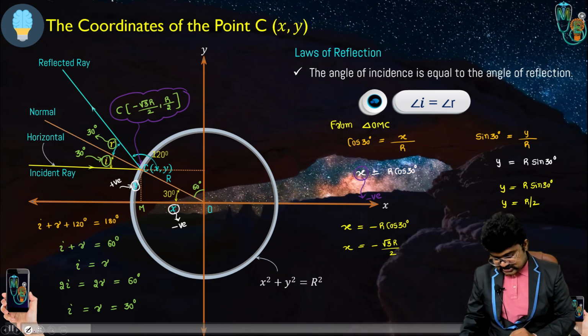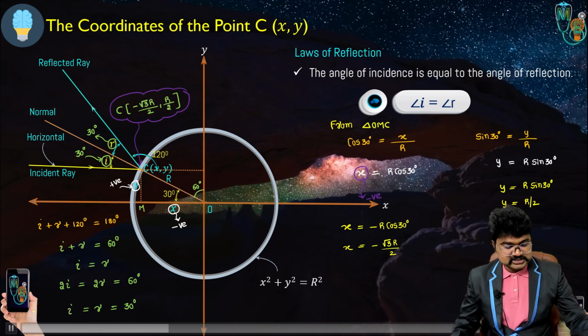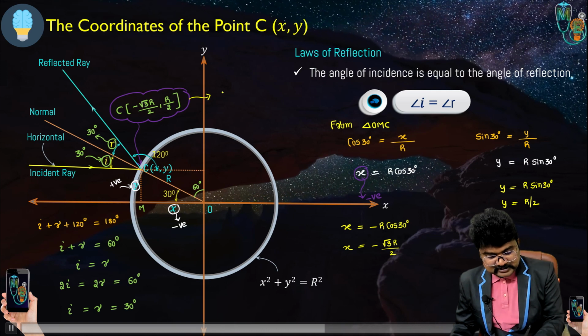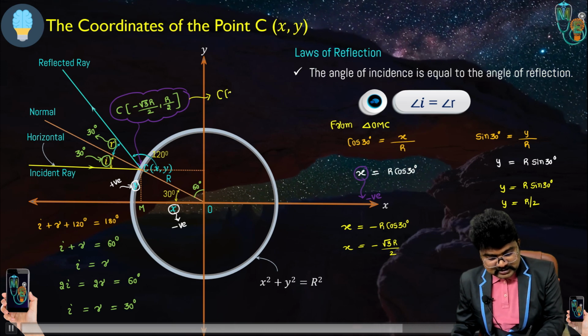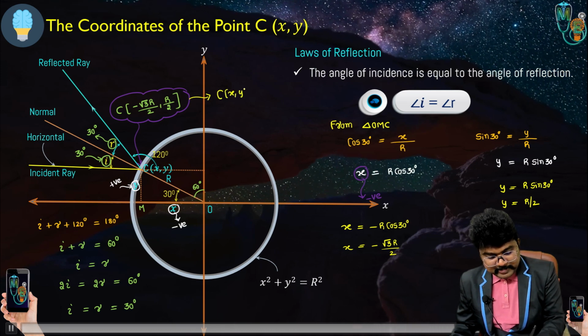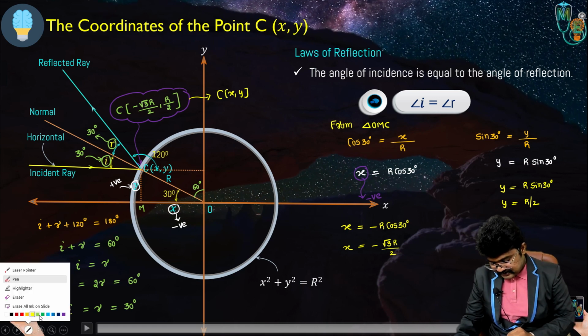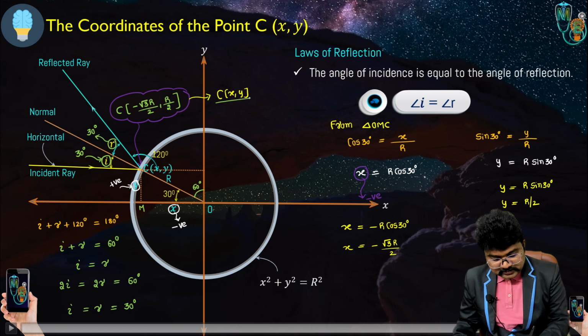If you are interested, you can directly write this point C, (x, y). This would be equal to what?